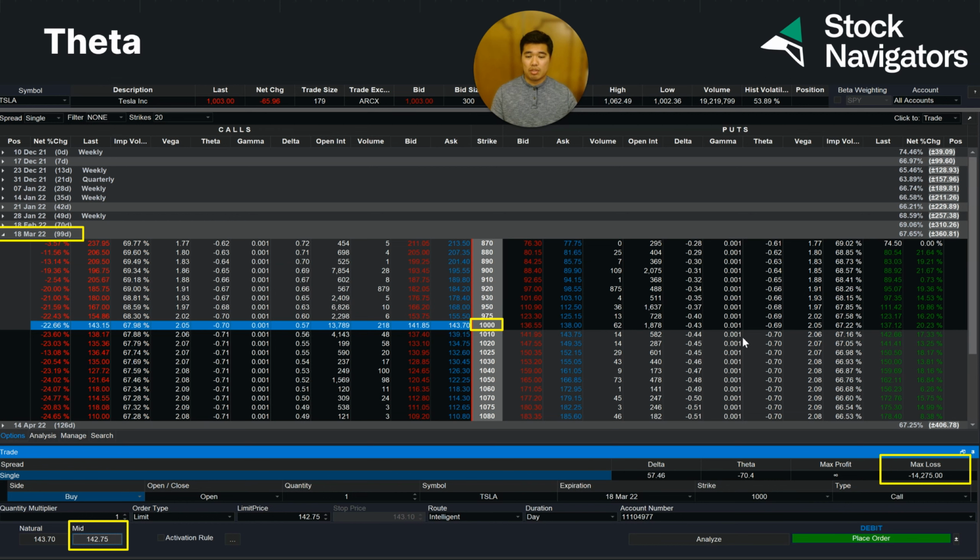Meaning if by the expiration date the Tesla price does not move up above $1,000, or above your break-even point, then most likely the time decay will completely subtract this whole amount of $14,275 from your option.